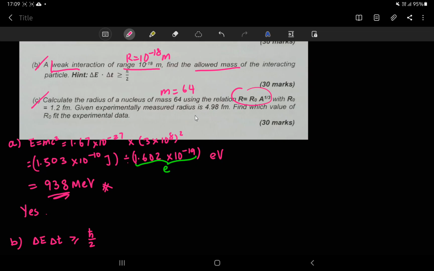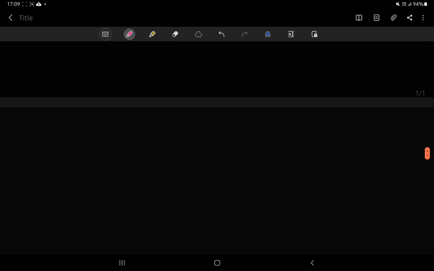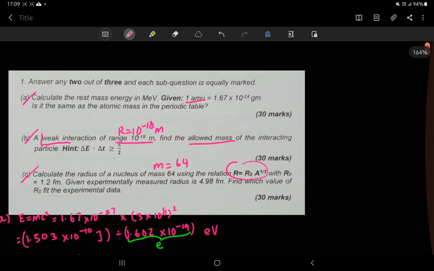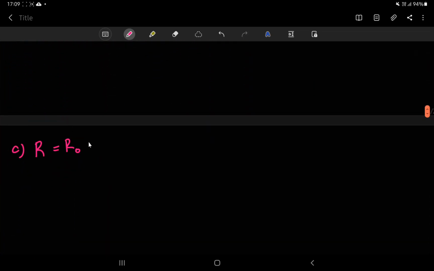Find which value of r naught fits the experimental data. So this is easy. So r equals r naught A to the power of 1/3.